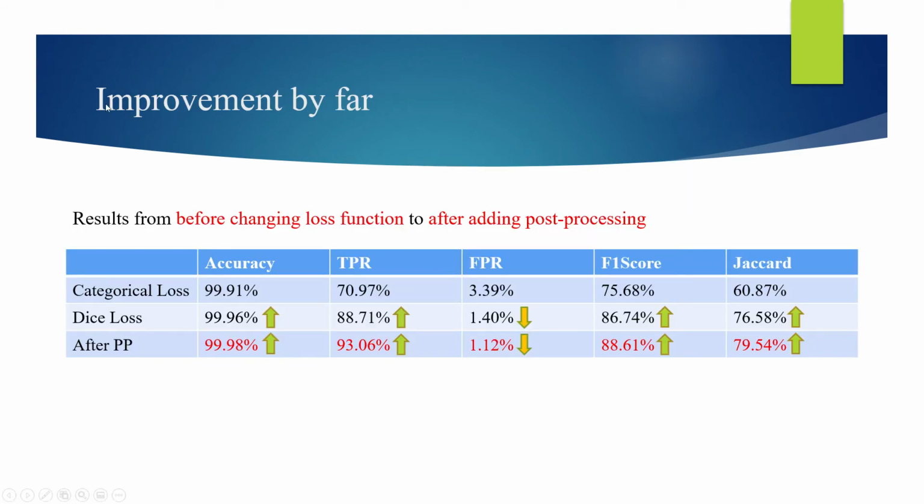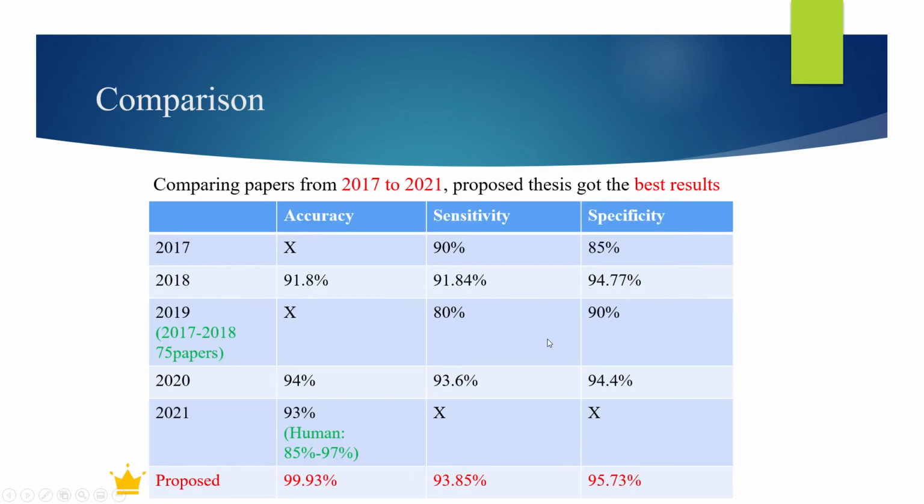Right, so this is the improvement so far. In the beginning we chose categorical loss, but after that we found that dice loss is more suitable in this case. After adding the post-processing, the accuracy, true positive rate, F1 score, and Jaccard similarity all increased, and the false positive rate decreased.